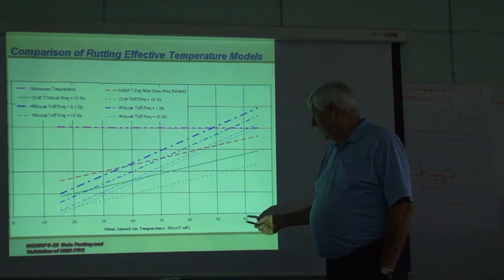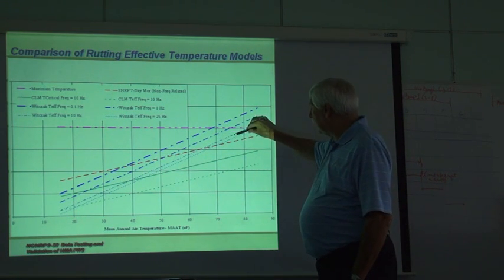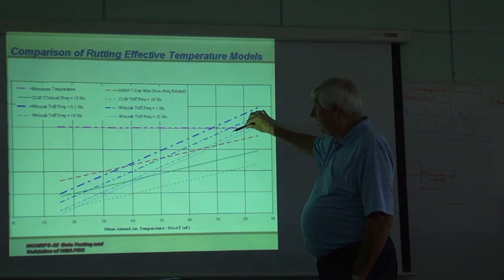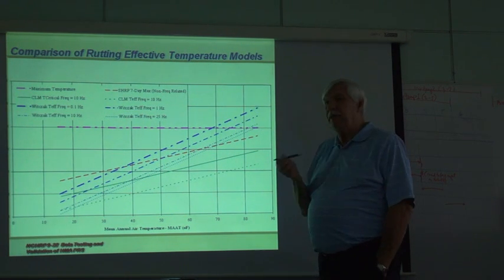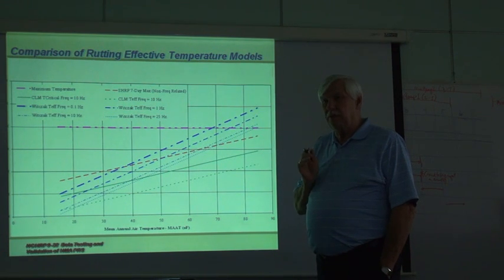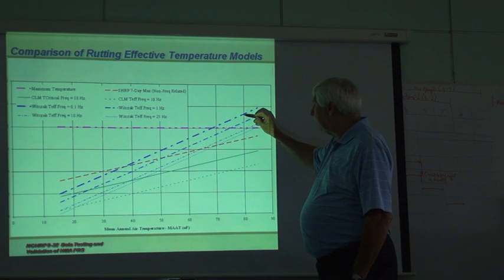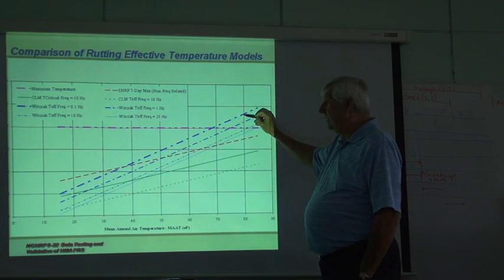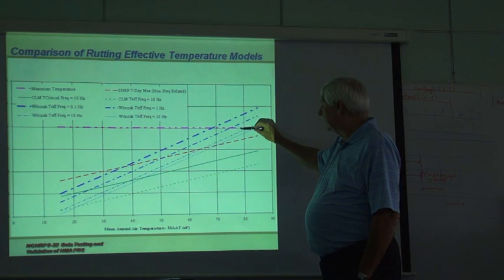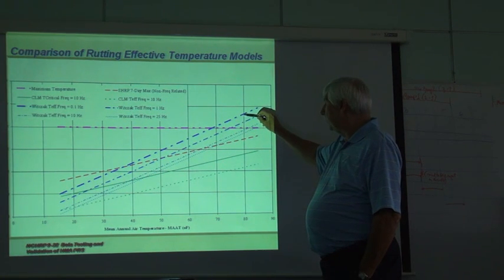Around 80. Okay. So what you'd be seeing here on these four relationships is frequency, which means how fast or how quick the traffic is moving. And here at 80 degrees, you can see that my effective temperature may be as high as 150. This is 147. This is like 155.